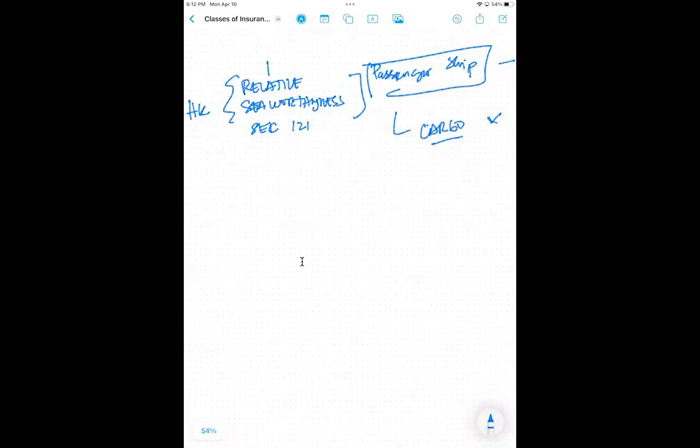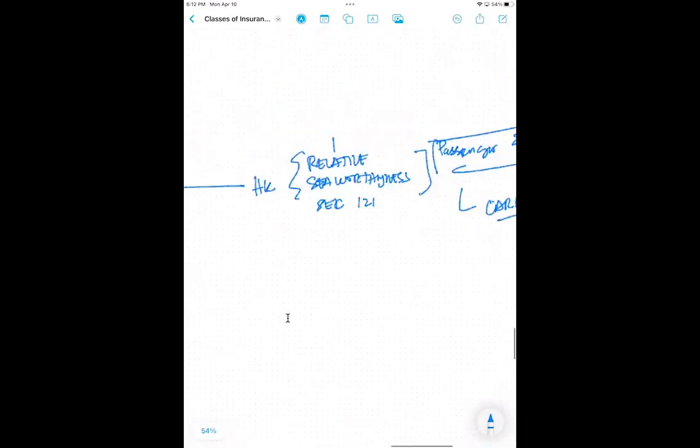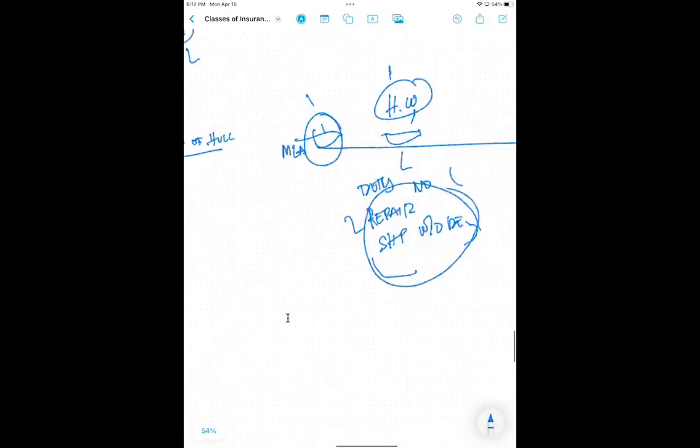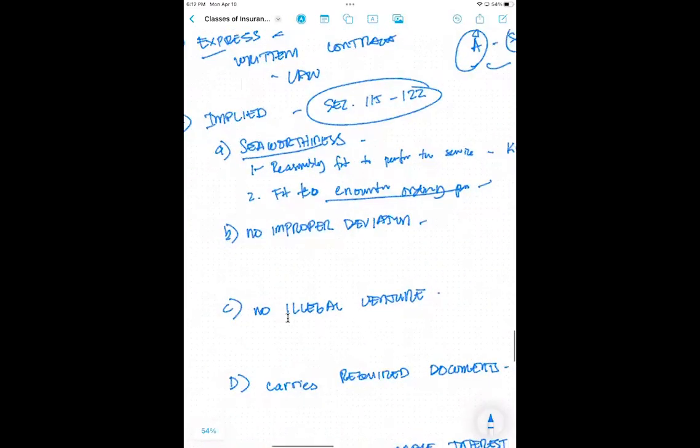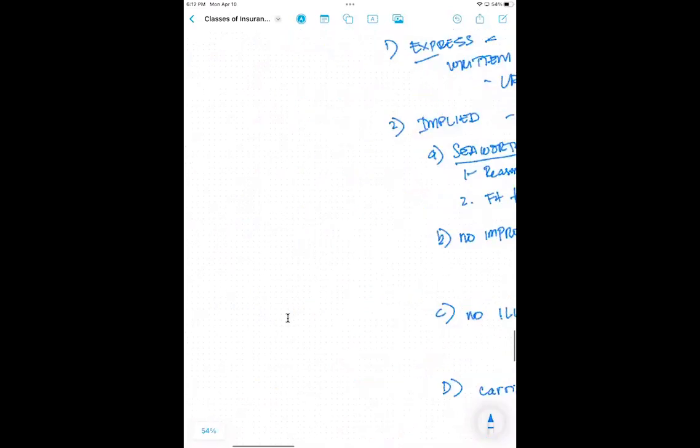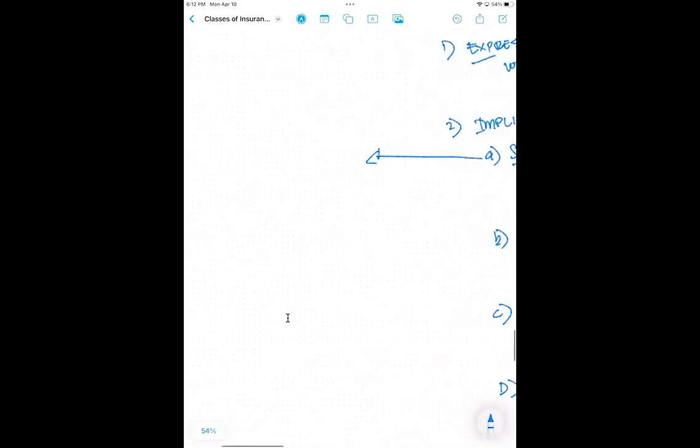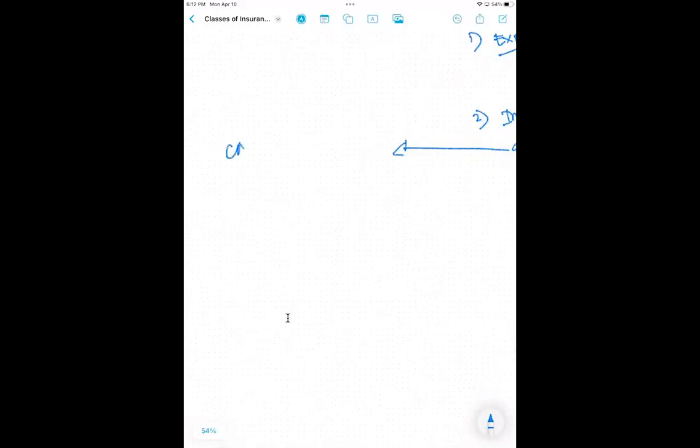Okay, now what about, let's say for example, so we are still discussing seaworthiness. Okay, so dito naman tayo sa, sa kabila naman tayo. Okay, so what about the cargo? Because we mentioned earlier that insurance may also be on cargo alone.